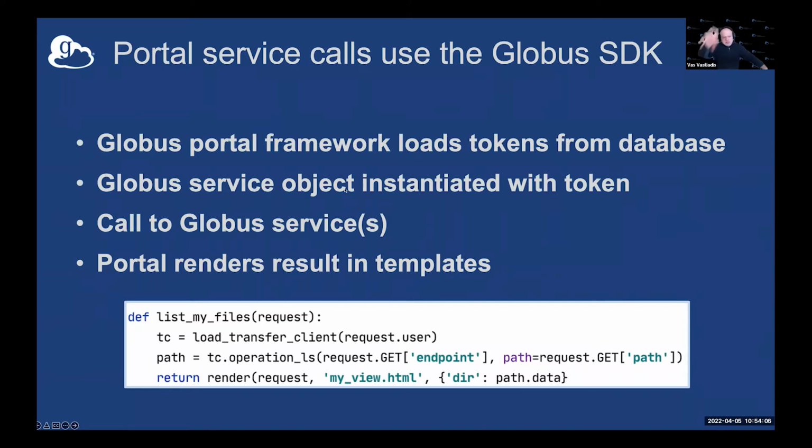The portal, the Science Gateway, gets a token or a set of tokens, access tokens, from Globus Auth, and then depending on what it needs to do, so let's say it needs to grab some results from a search index, it will go to the search service with the appropriate access token. It will make the request, assuming it has access to that index and that data.